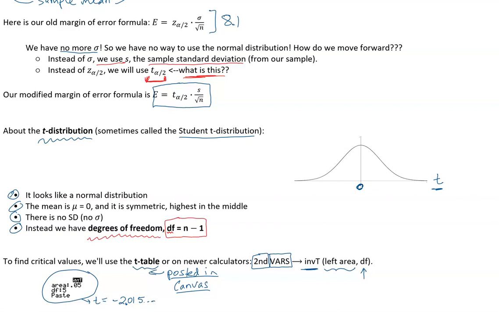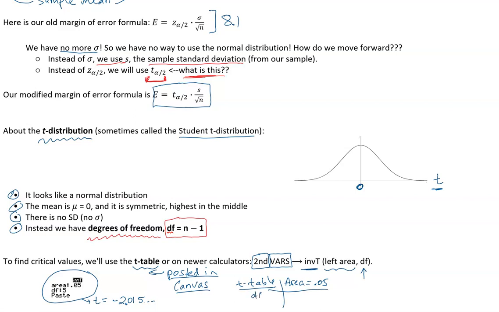If you do want to give the t-table a try, go and get it. You'll notice, if you look across the top, there is an area to the right. So we would look up that area, 0.05, across the top, and then down the left-hand side, you'll see the rows are the degrees of freedom.